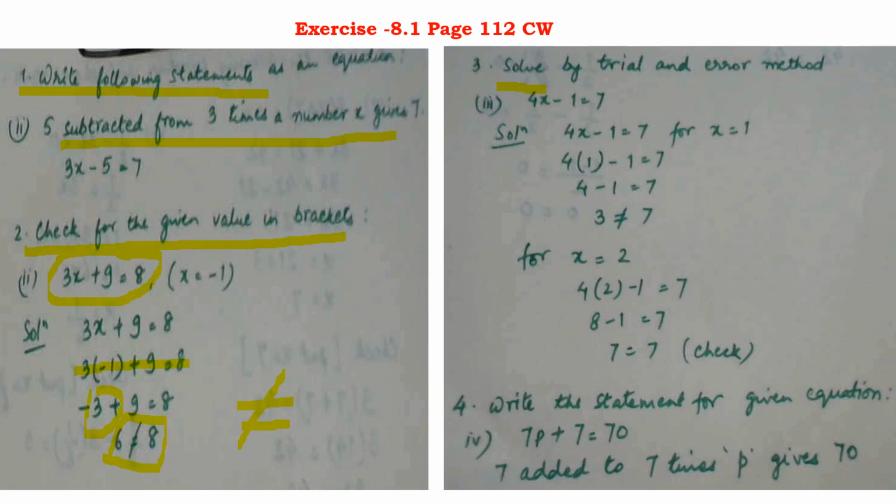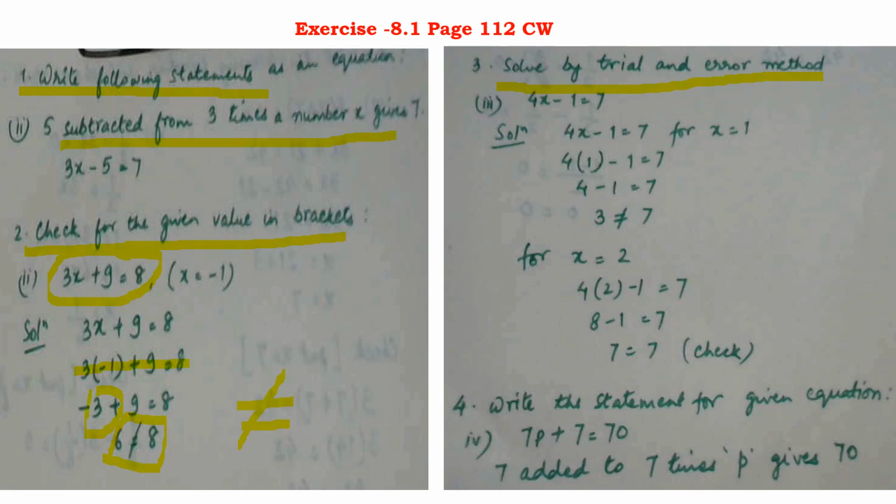Question number 3 is solved by the trial and error method. Just now we discussed that in the trial and error method we keep on putting some values of x. Generally we start from x as 1; x can be 0, 1, 2, 3 and so on, till we get the equation satisfied on both sides.